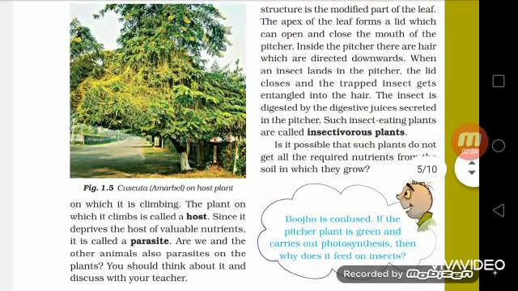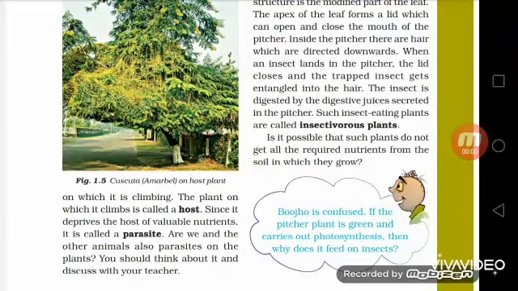So wherever cuscuta is binding itself around a tree, that particular tree is known as a host. And since it deprives that host of valuable nutrients, it is called a parasite. Parasite means those organisms which take nutrition from others. This is about plants: cuscuta is known as a parasite.